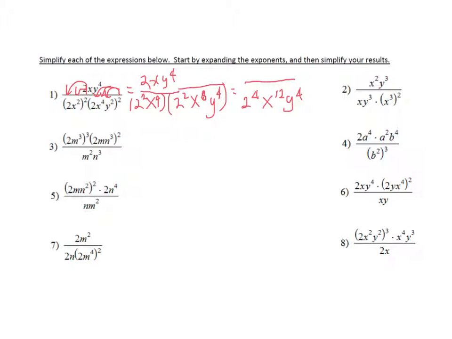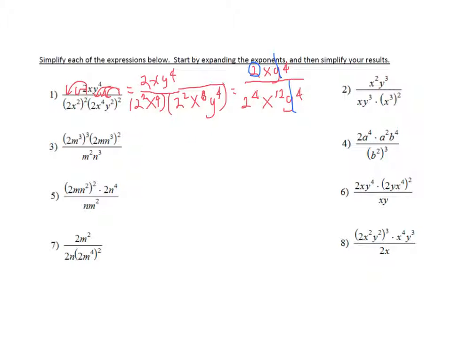Over 2x y to the 4th. Well, I can see right here that y to the 4th cancels out y to the 4th. One of these twos comes out of here.